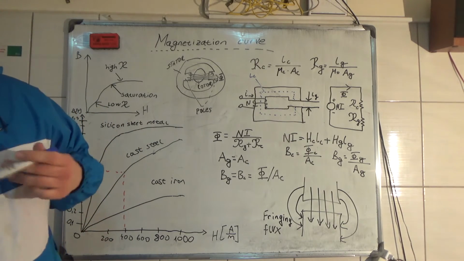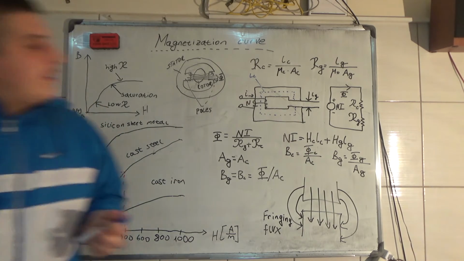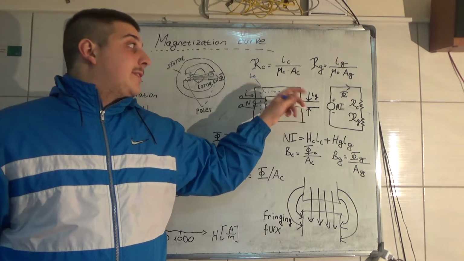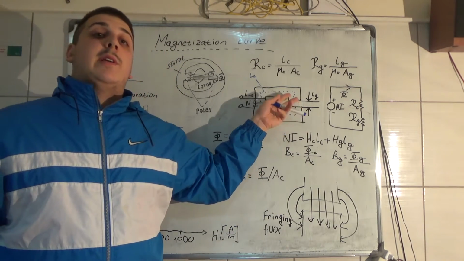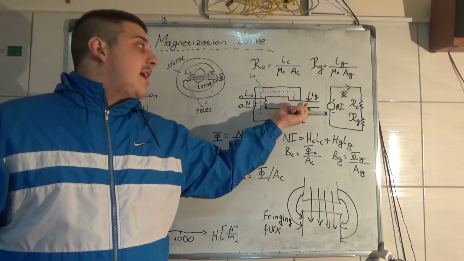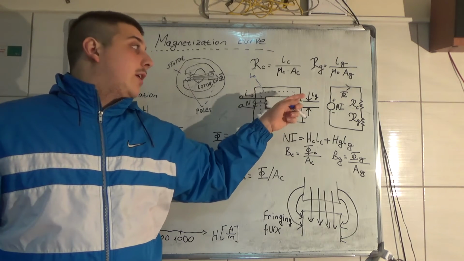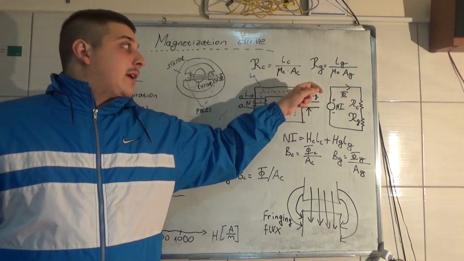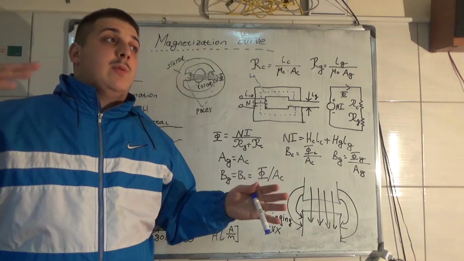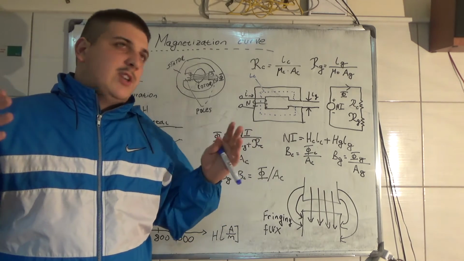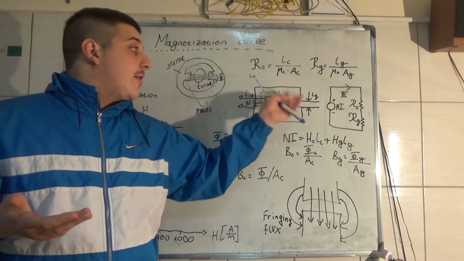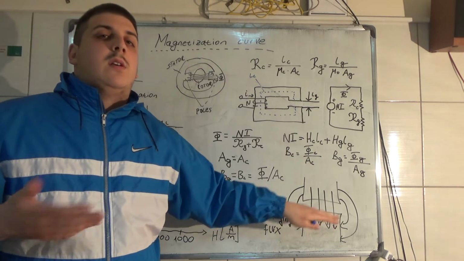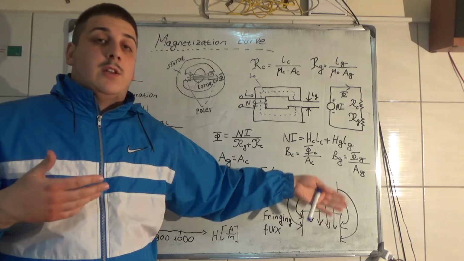It's not good in electrical engineering to have a lot of this fringing flux, but if the air gap is very small and the area is much larger than the length of the air gap, then this is negligible.